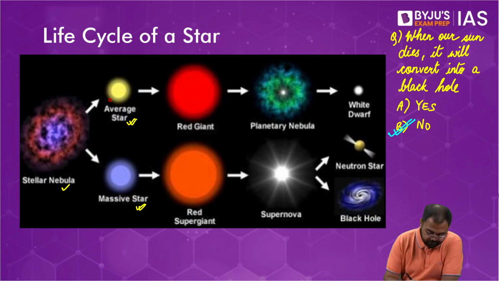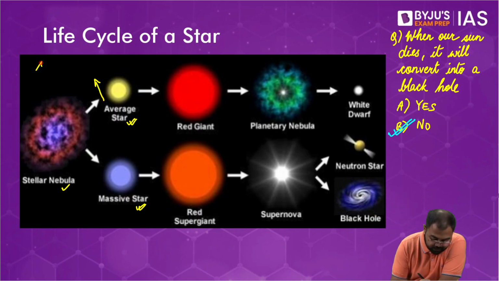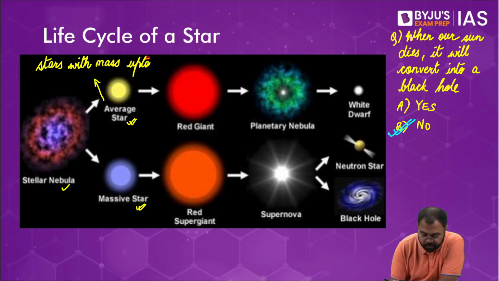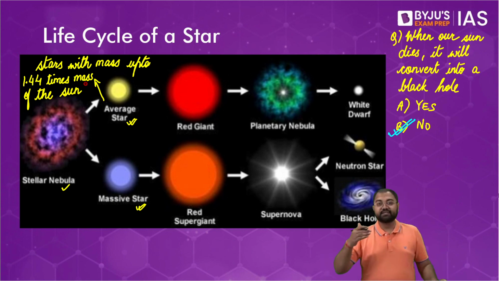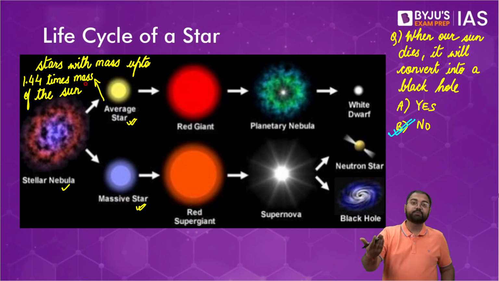All right, these are called average stars, and everything that has a mass beyond 1.44 times will be called a massive star.